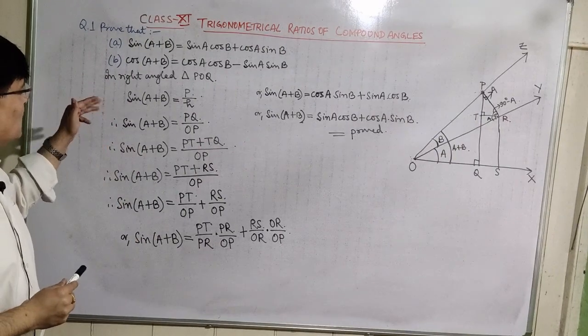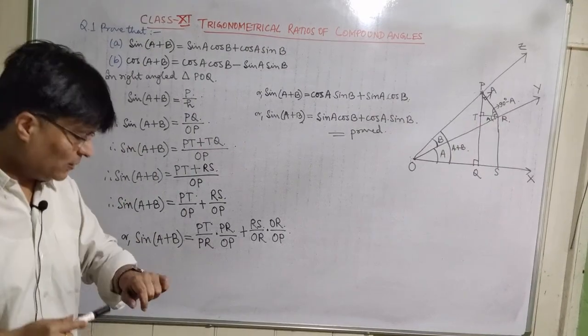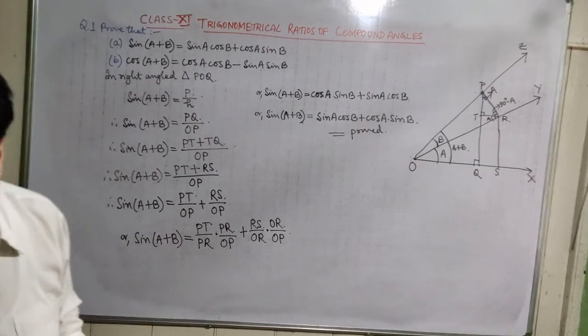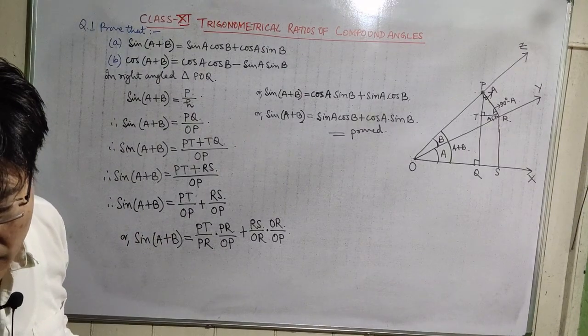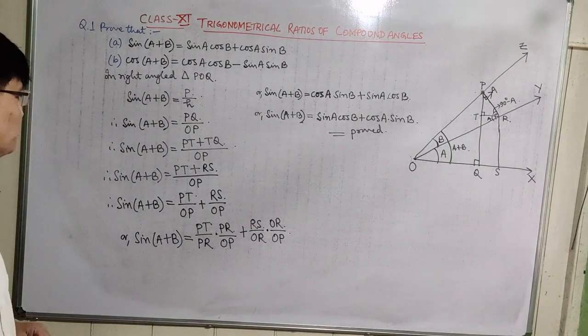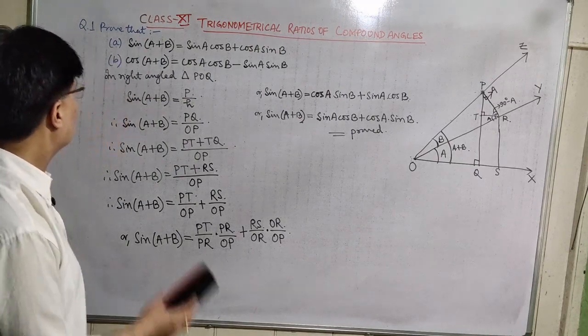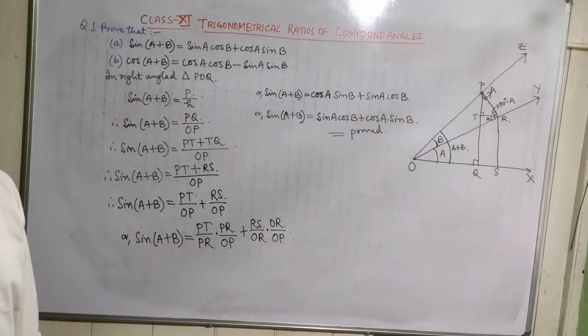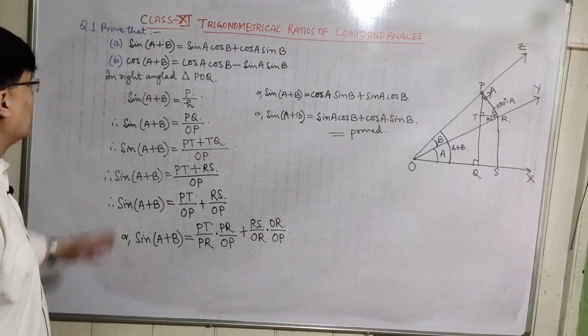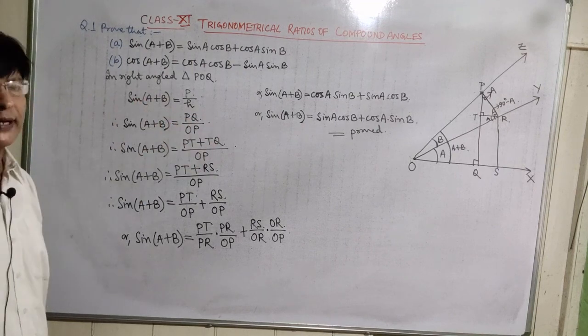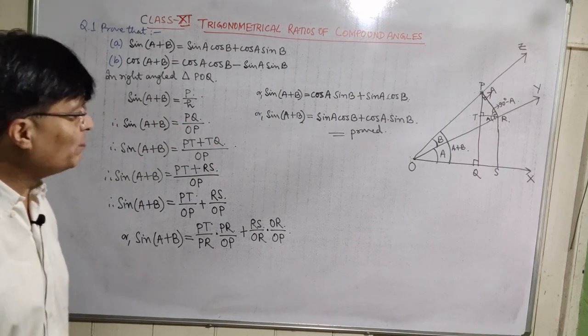So let us prove the B part now. You can copy it. Now we will prove part B. Similarly, you can prove this one, number B. You have to consider the same right angle triangle, that is right angle triangle POQ.